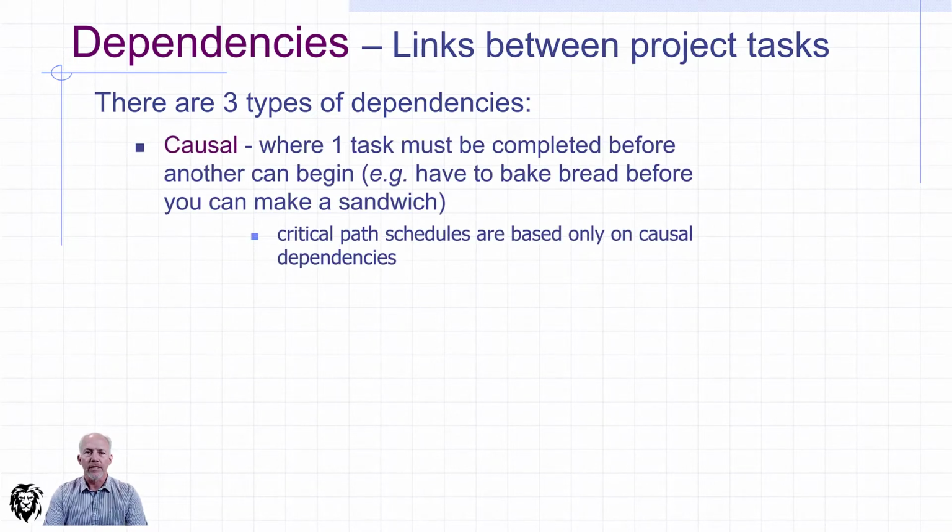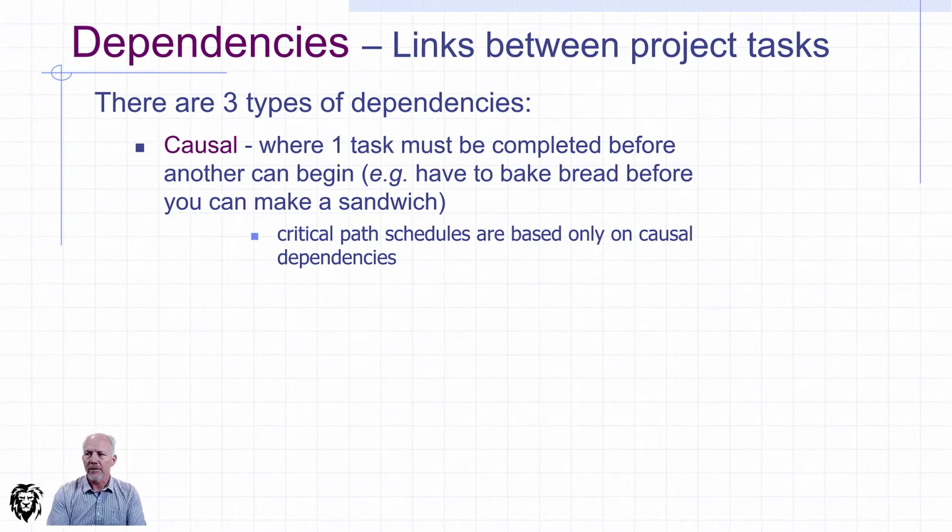So the first of these are causal, which is to say some physical reason why one must be done before another. So if you think of it this way, if you need to paint the walls, you can't paint the walls until you're finished the drywall. And so you have to have that physical presence of the wall ready for the paint before you can open the paint can and start painting.